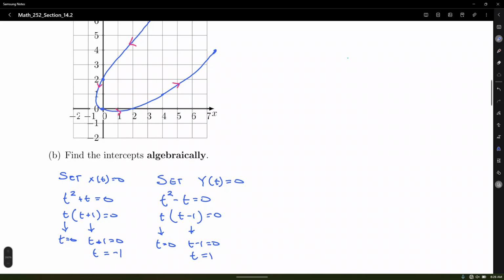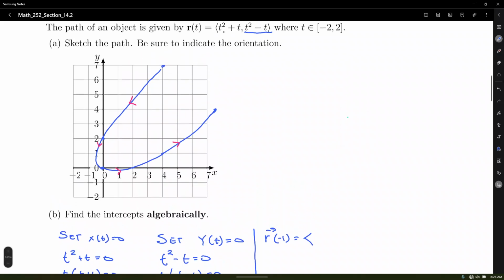All right, so what are we going to do with these values? Well, let's substitute in the original vector valued function, r of negative 1, that is, evaluate the original function t squared plus t, t squared minus t at negative 1.